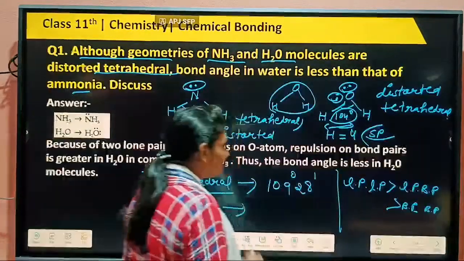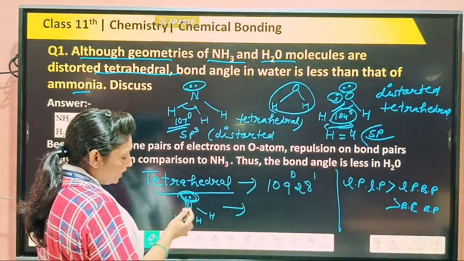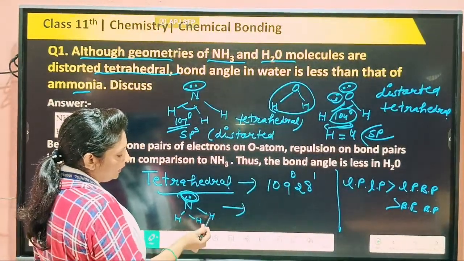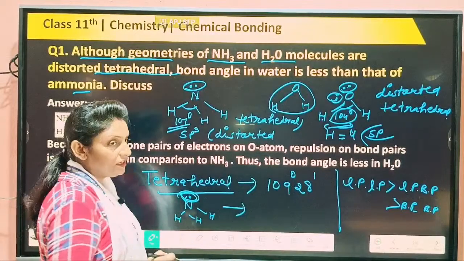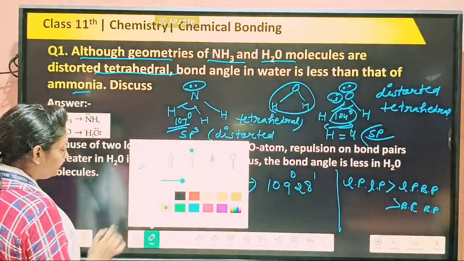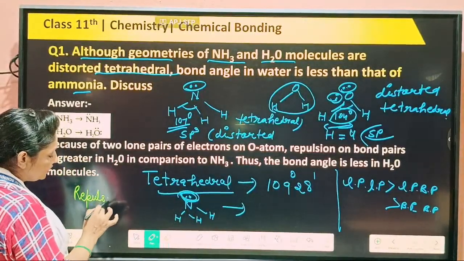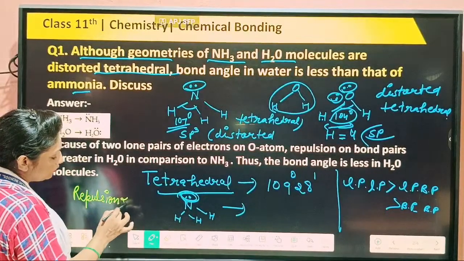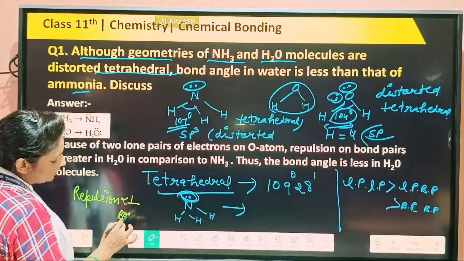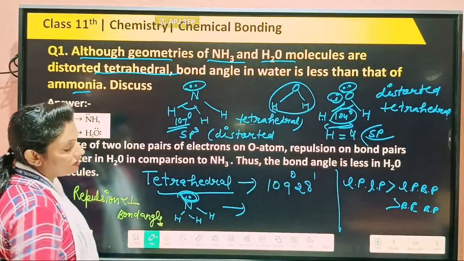Okay, so students, here due to the presence of lone pair, lone pair-bond pair repulsion is more, and repulsion is inversely proportional to the bond angle. If repulsion increases, then bond angle will decrease.